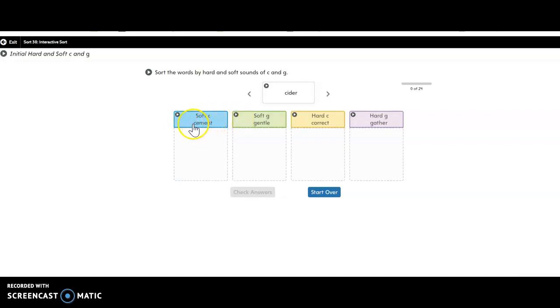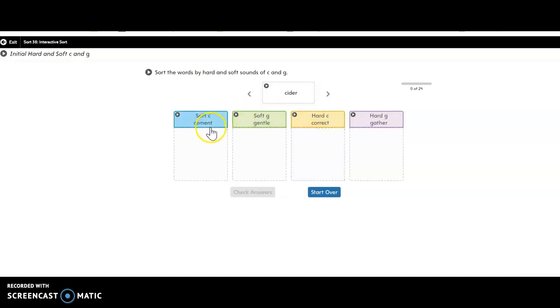Soft C makes the S sound, which may sound like an S to our ears, but all of the words in this sort that have that sound actually start with a C.